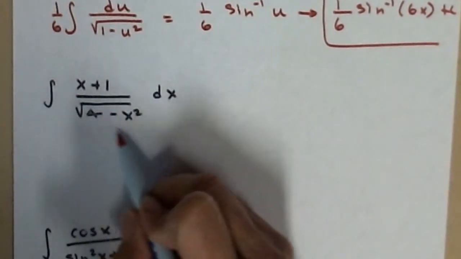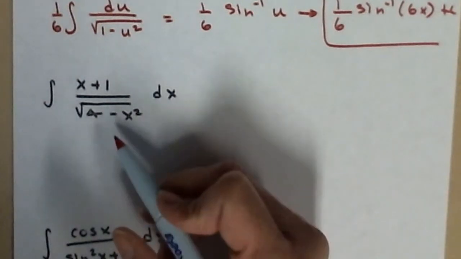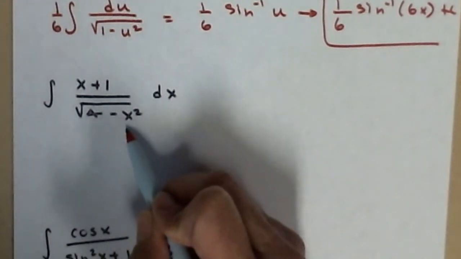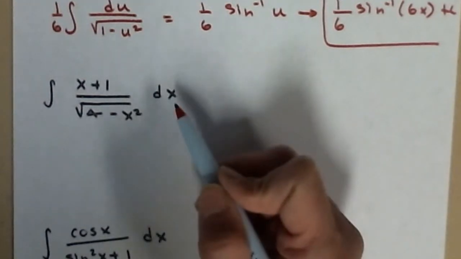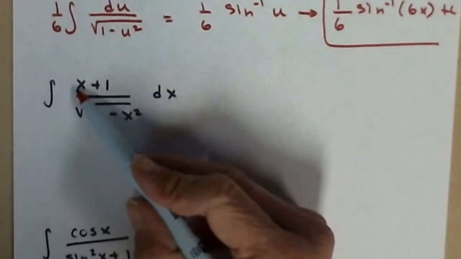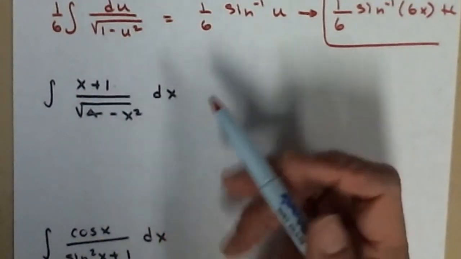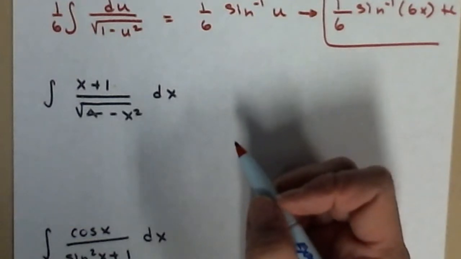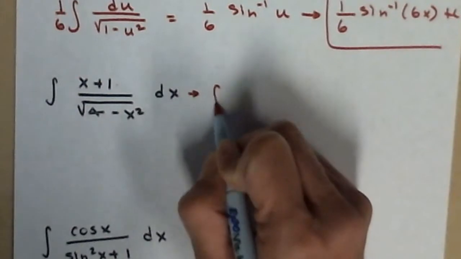But if I think that u is this radicand, which is usually what you do, right, if you have a radical, you let u be the radicand, the derivative of that would be negative 2x. Oh, well, I've got an x, but I don't have this plus 1, which kind of throws it. But that leads me to a very special trick.